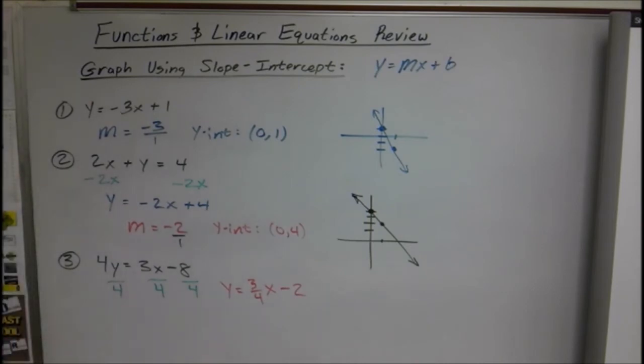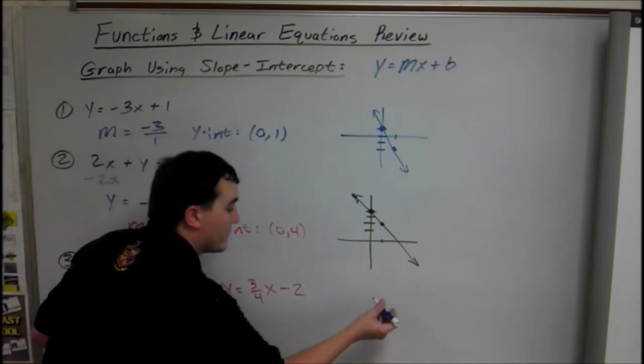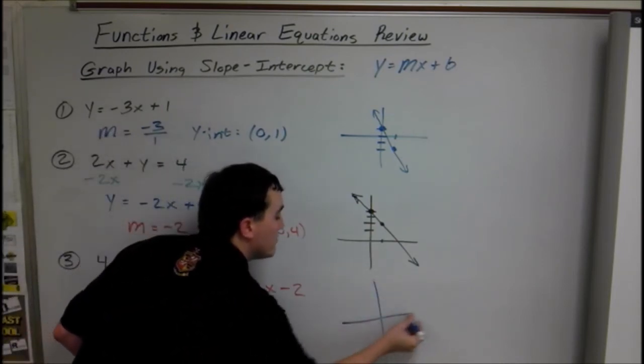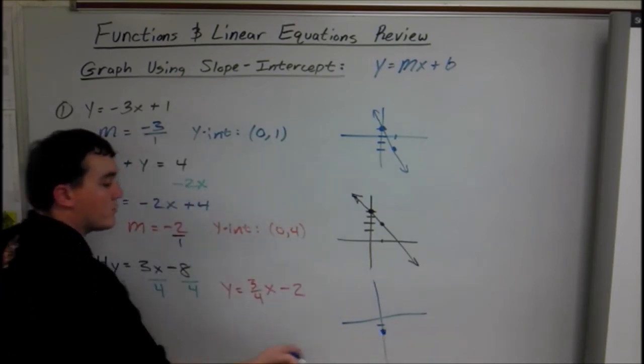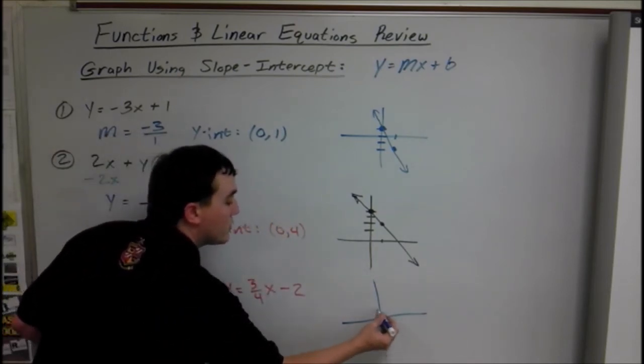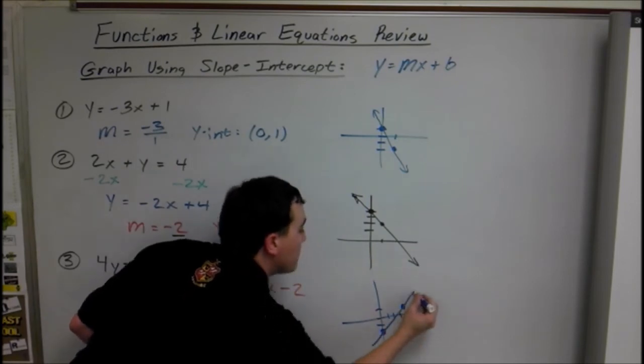So now you have your slope and your y-intercept. You don't really have to state them. The slope is 3/4. Rise 3, run 4. Start at negative 2 and you go up 3 over 4. So up 1, 2, 3 over 1, 2, 3, 4. Here's our point. And your line.